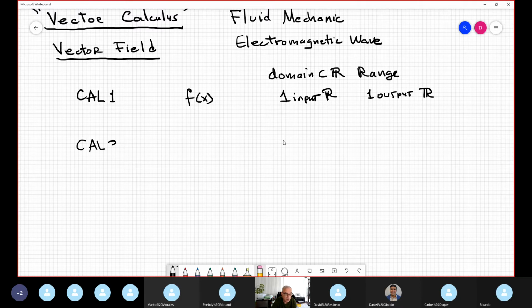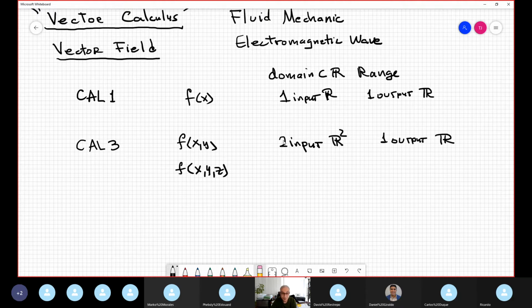Cal 2 is the continuation of single variable, but we have two possibilities here: two inputs, and three inputs. With two inputs, the input is x and y, so our domain is a subset of the R2 plane, and the range is one output, a subset of the real numbers. And in Cal 3 we also have three variables: three inputs belonging to three-dimensional space, and one output, a subset of R.